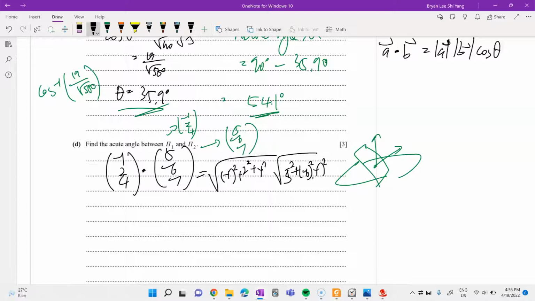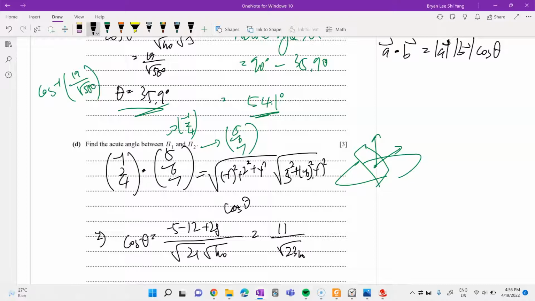Excuse my handwriting, it's always been this ugly. Cosine theta equals (-5 minus 12 plus 28) over the square root of 21 times the square root of 110, which equals 11 over the square root of 2310.